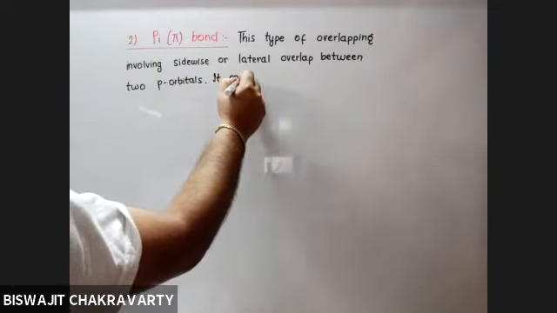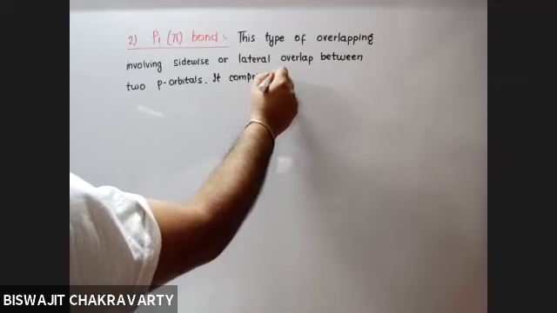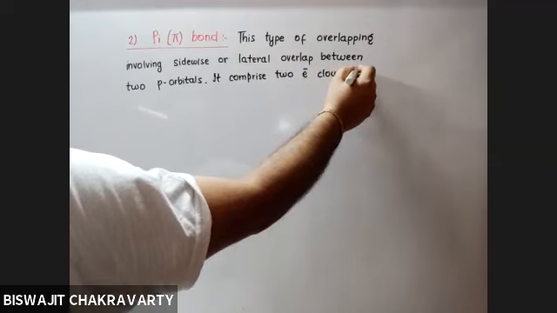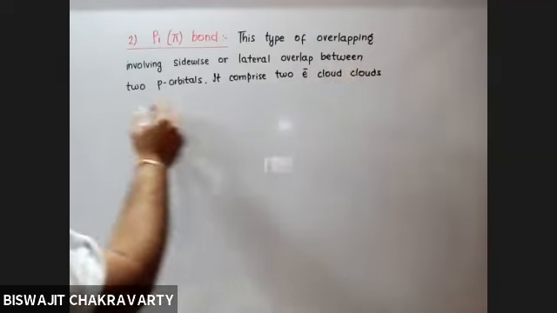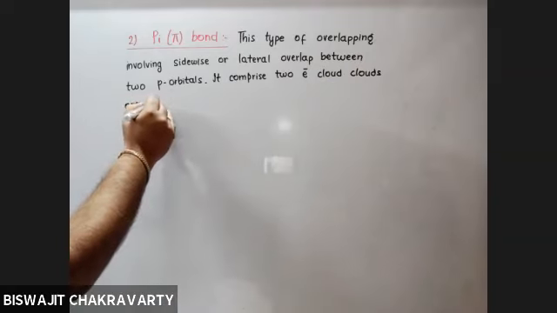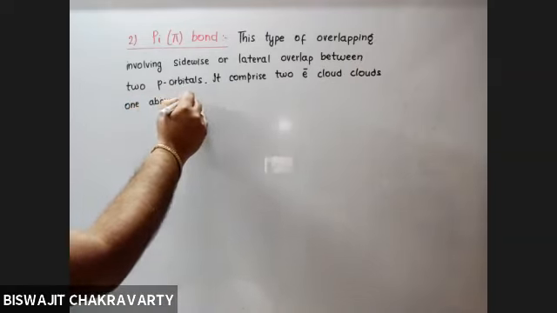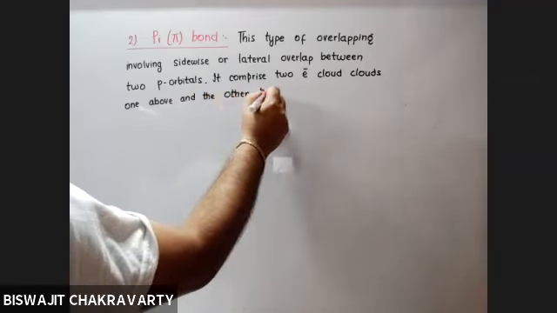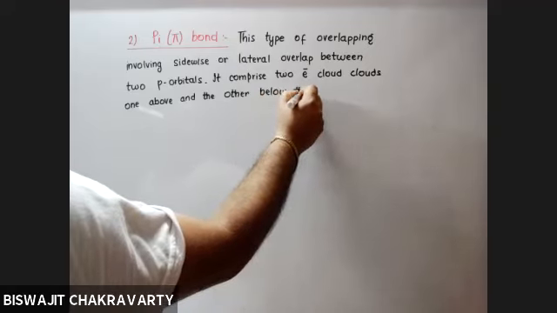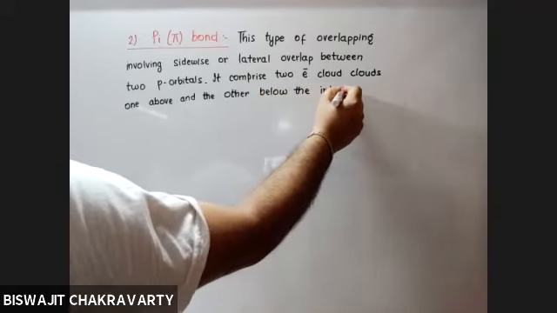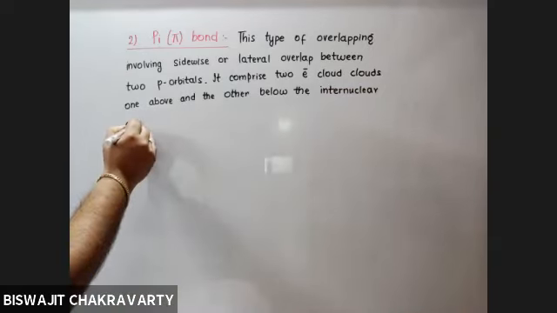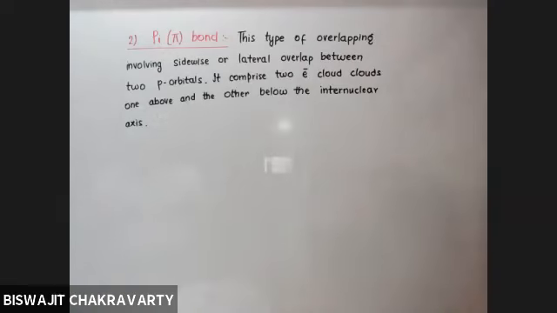It comprises two electron clouds, one above and the other below the internuclear axis.